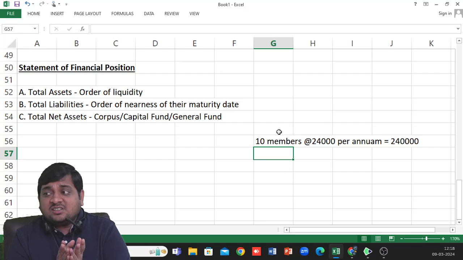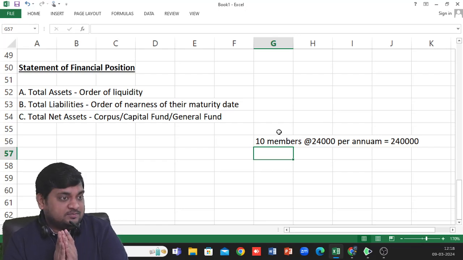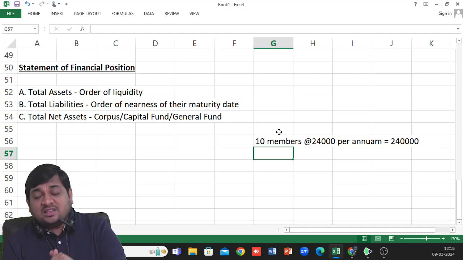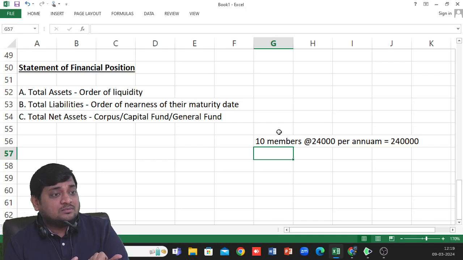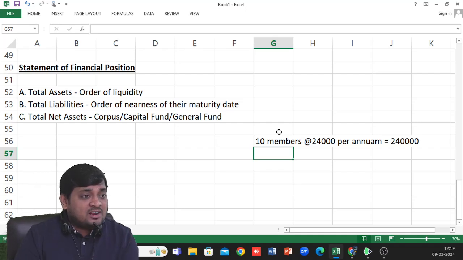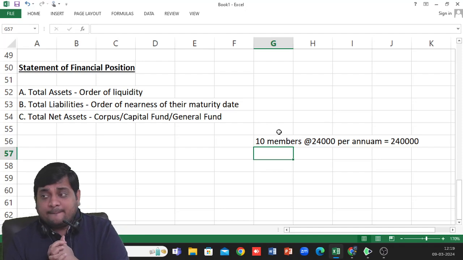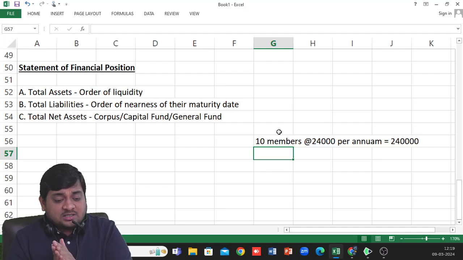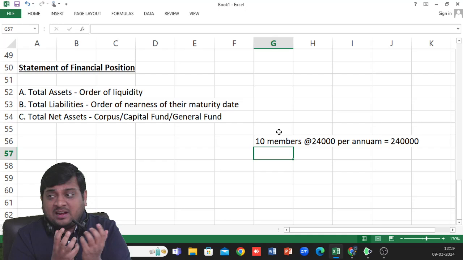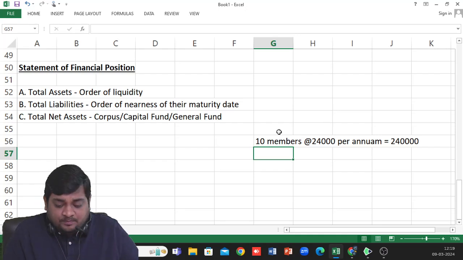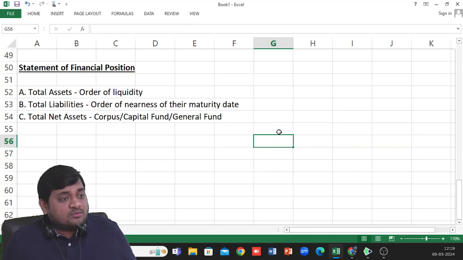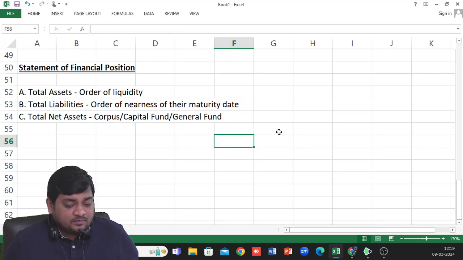Now these restrictions are imposed by the donors. Now if it is with restriction, then in that also we have whether it is temporary restriction or permanent restriction. So the donors have a good role to play in the financial reporting of this not-for-profit organization, right?